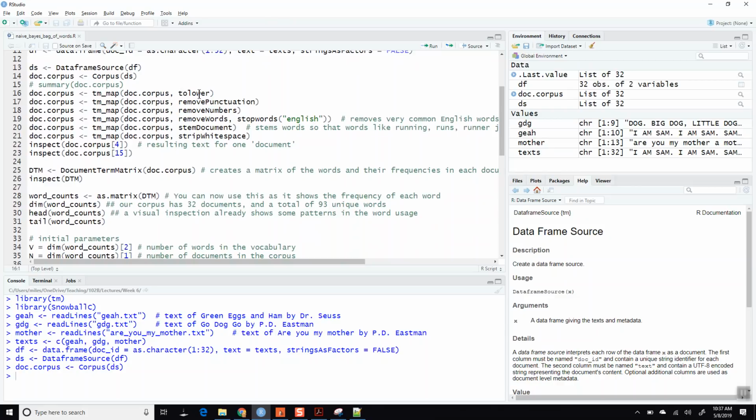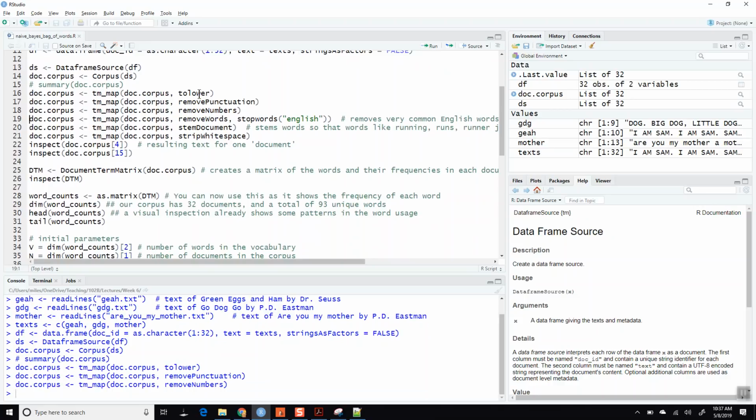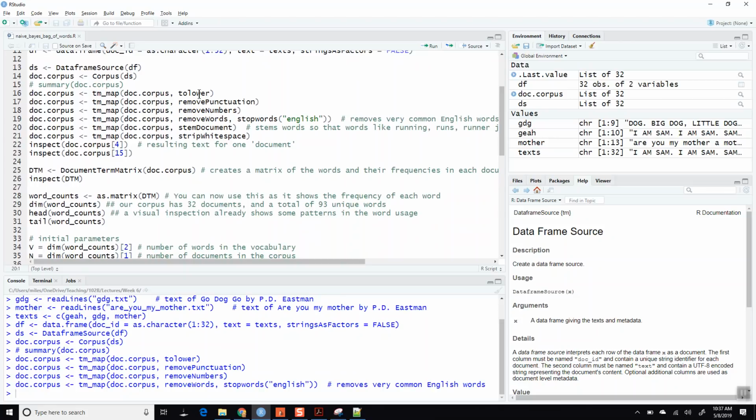So we're going to turn everything to lowercase. We're going to remove the punctuation, remove the numbers, remove stop words. Stop words are things like the and is and a. Things that are very common and are probably not very informative in general usage, okay? Stemming the document turns words like runner, running, and runs, and run all into run, okay? So it just gets rid of word endings.